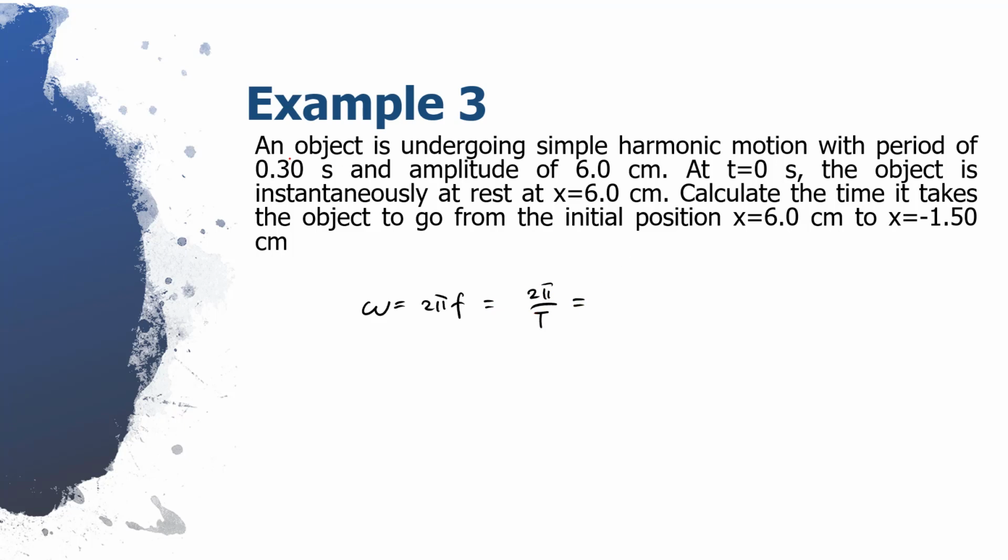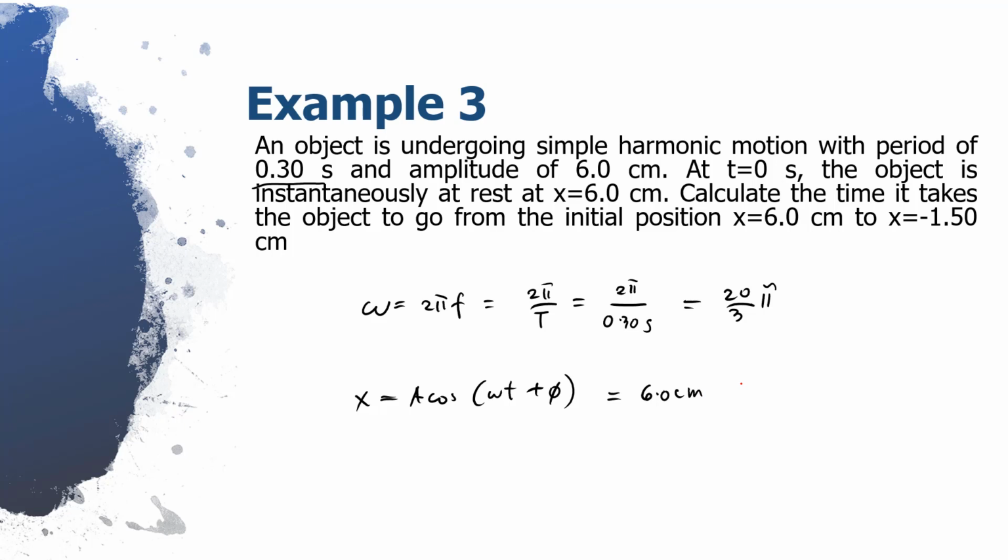Where period is given, it is equal to 0.30 seconds, so we have 2 pi over 0.30 seconds. So omega now is equal to 20 over 3 pi.